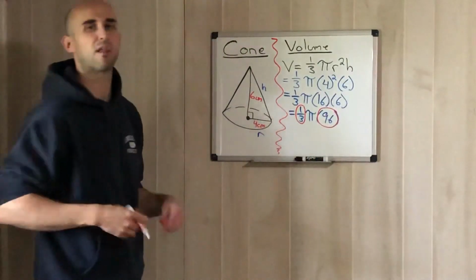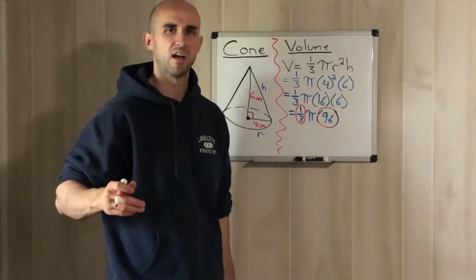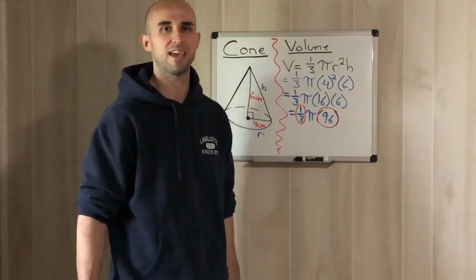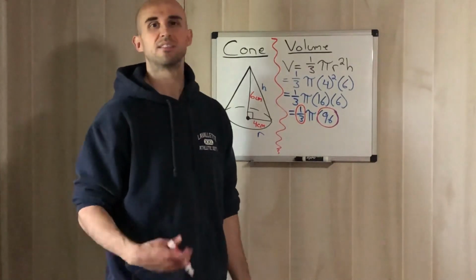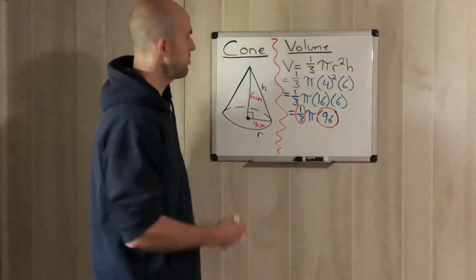Because if we're talking about 1/3 of 96, it's the same thing as taking a third of it, which means you're dividing it by 3. It's like saying if you're taking half of 20, half of 20 is 10. Same idea. Whether you take half of 20 or do 20 divided by 2, same thing.